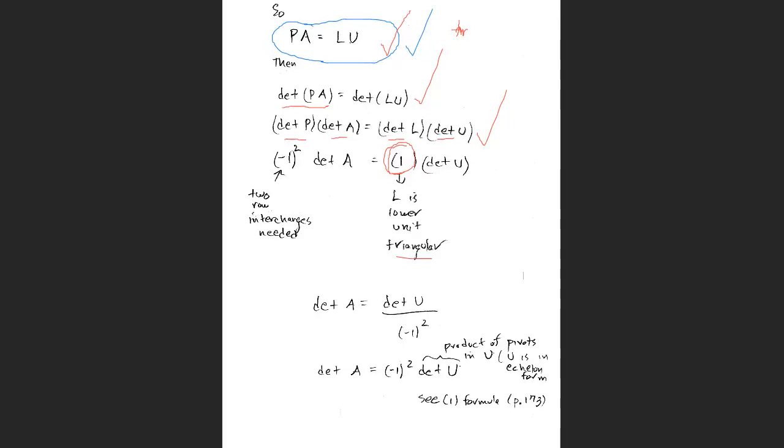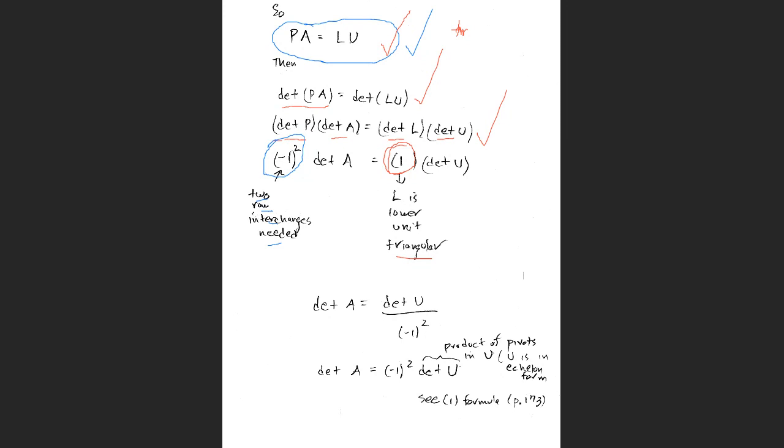To get the matrix in triangular form. Thank you, Eleni. So now on the left side, the determinant of P, that permutation matrix, is going to equal (-1) squared, because 2 row interchanges were needed.